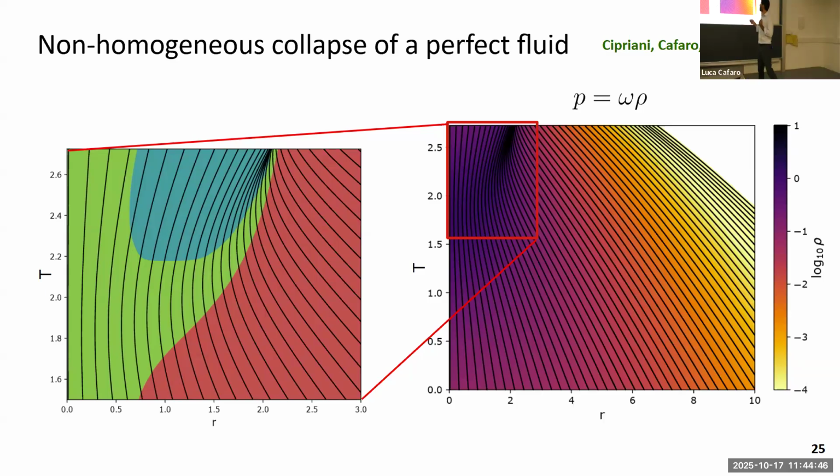And in that evolution, you can have crossing singularities again. Can you avoid having them?